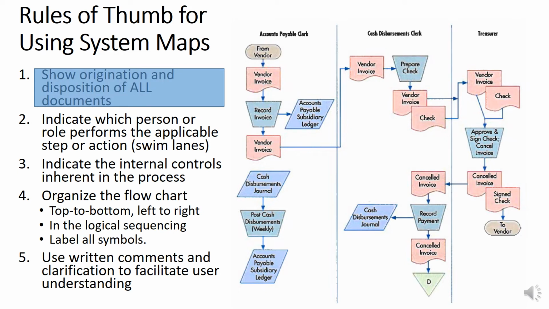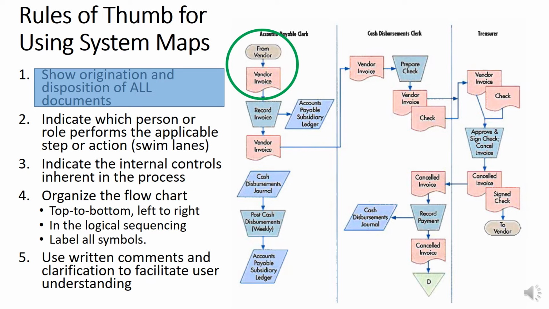First rule: in order for your flowchart to be understandable, you have to show where the documents and processes start and where they end. In this cash disbursement process, we see the process originating with the receipt of an invoice from a vendor.